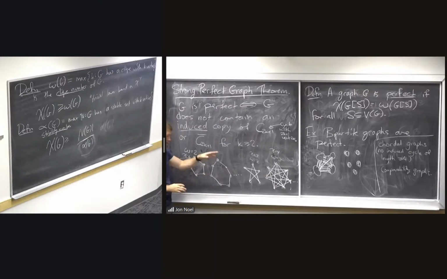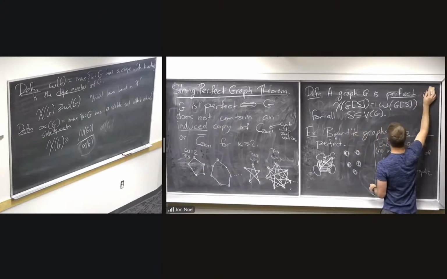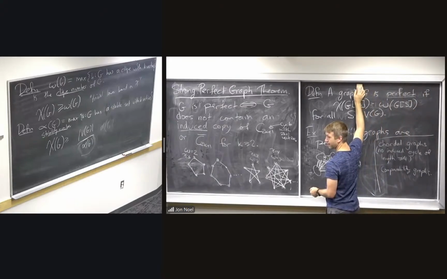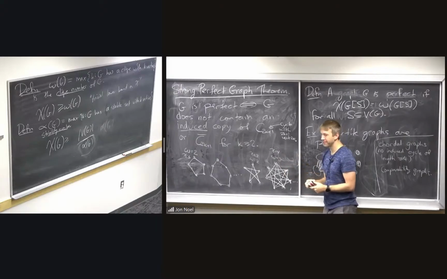Anyway, that's maybe an exercise to think about. Should we have cycle of length 6 though? Oh, it has cycles of length 6. Yeah, but this is not computing the size of a cycle. This is a clique, the biggest clique.